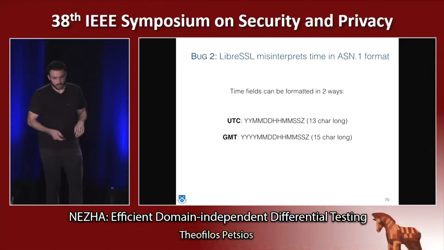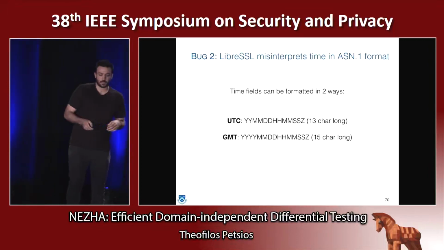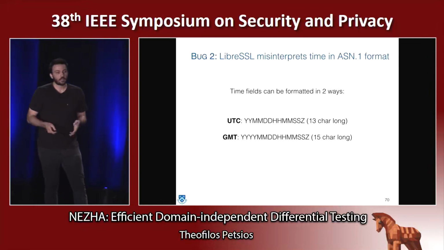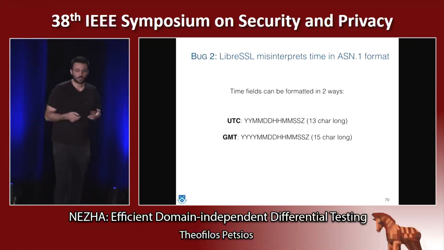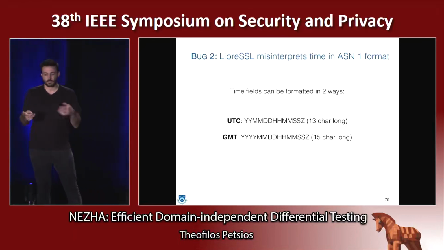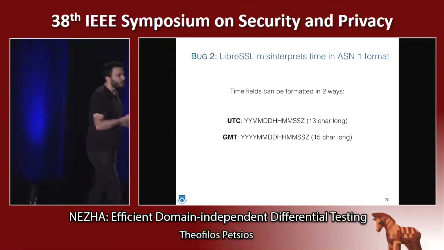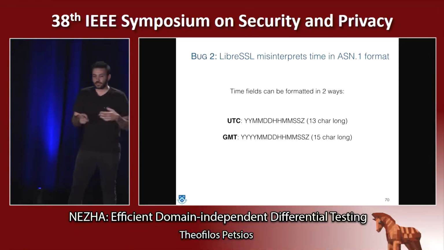Another bug found by NEZHA, which I can present to you here, is a time confusion bug in LibreSSL. For those of you who are familiar with the time formats in certificates, these can have two main formats: UTC time and GMT time. And each of these has a different length.